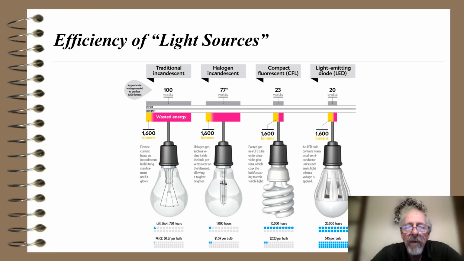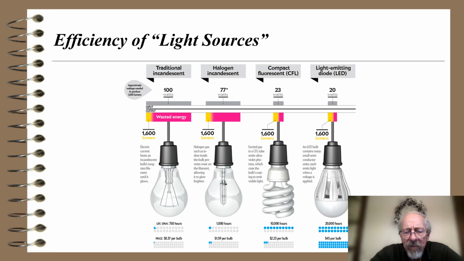And one last topic here, the efficiency of light sources. This graphic shows the traditional incandescent light bulb that has been around for 100 years, a halogen incandescent, a compact fluorescent, or CFL, and a light emitting diode, or LED. The incandescent is rated at 100 watts.